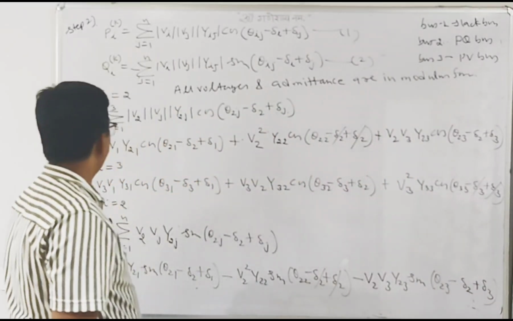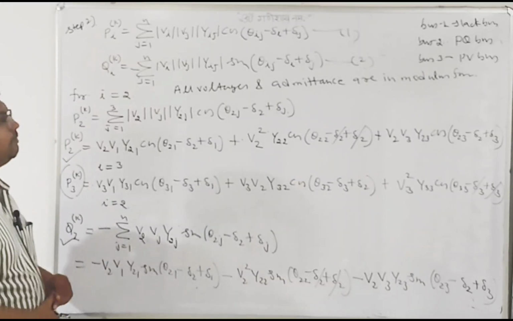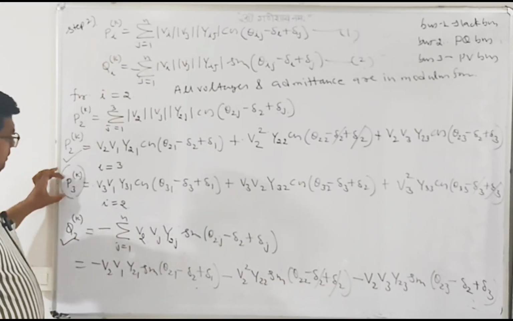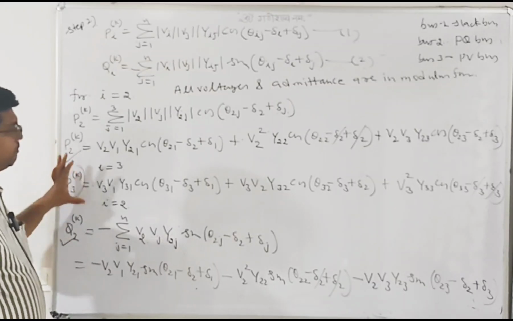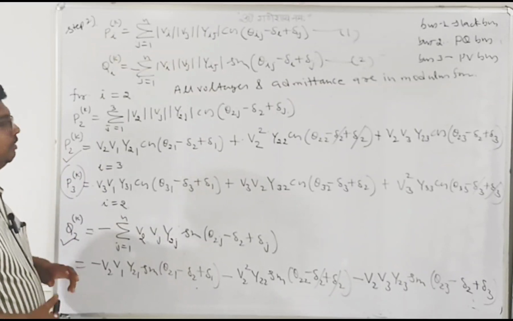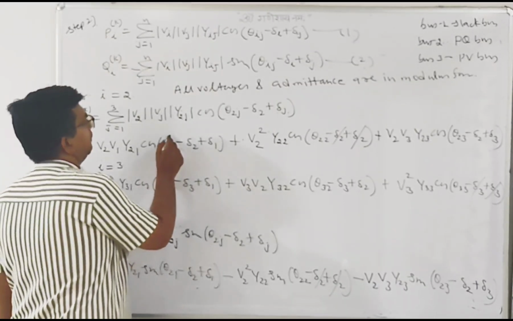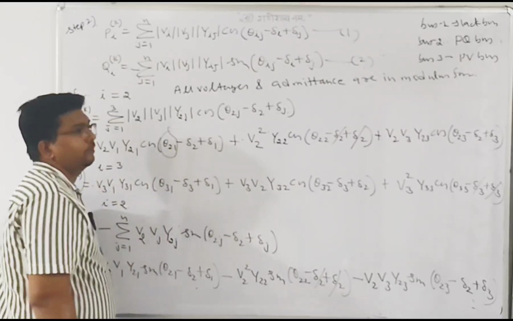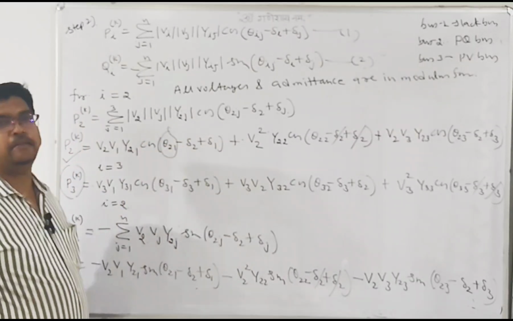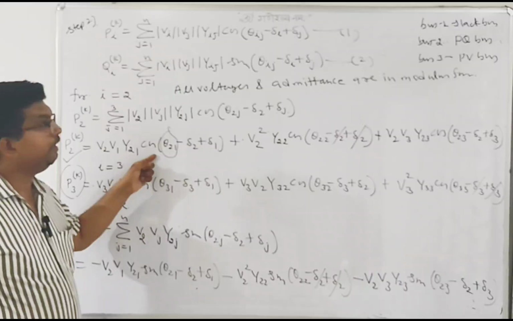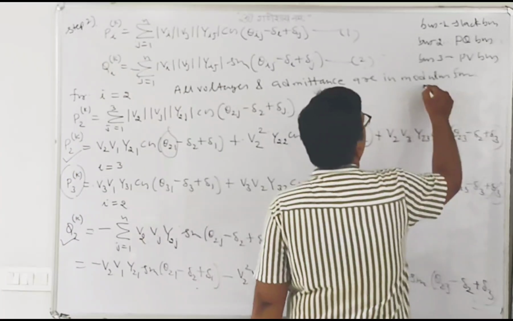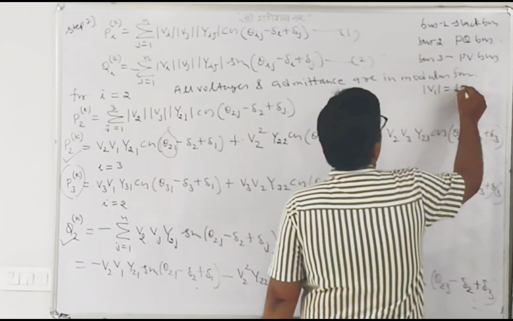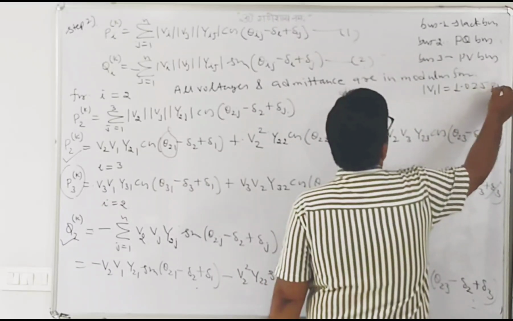So basically in the next step, number 2, we have to determine these power formulas. And in this power formula, what are the thetas? The thetas are the corresponding admittance angles. Now when we start the iteration, we will assume that our slack bus voltage is 1.025 per unit.